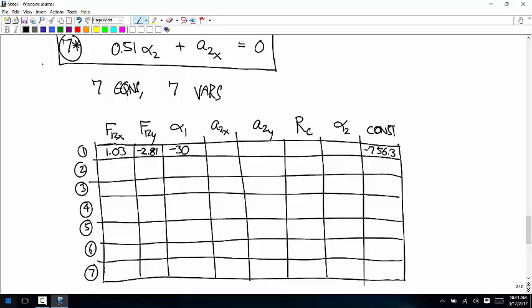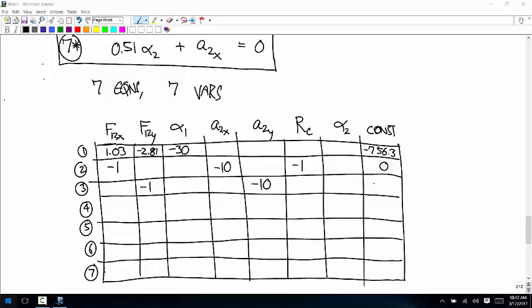Equation 2, f12x, we have negative 1. a2x, we have negative 10. C, we have negative 1. Everything else is 0. Equation 3, f12y, we have negative 1. a2y, we have negative 10.